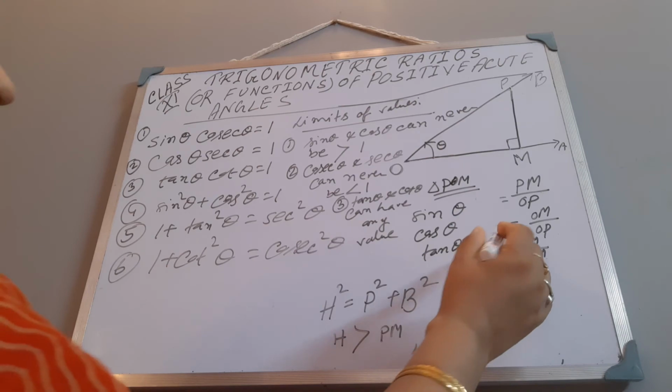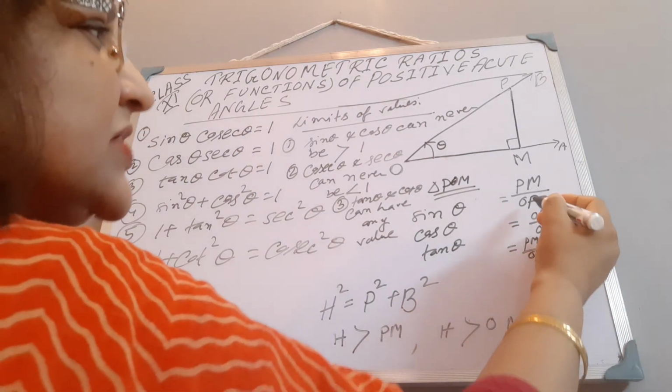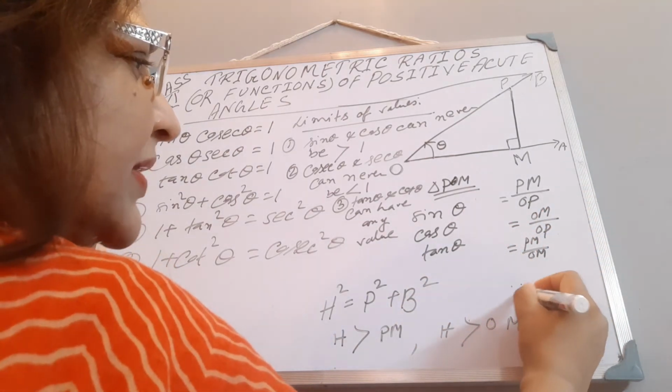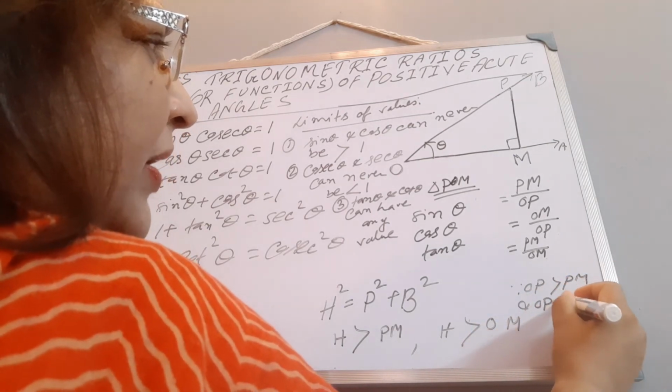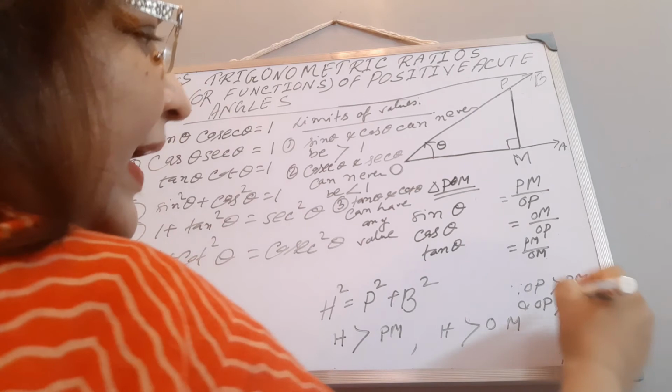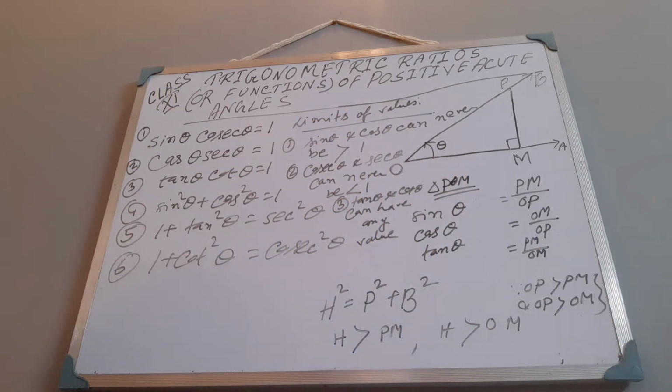Since OP is more than PM and OP is more than OM, that is why sin theta and cos theta can never be greater than 1.